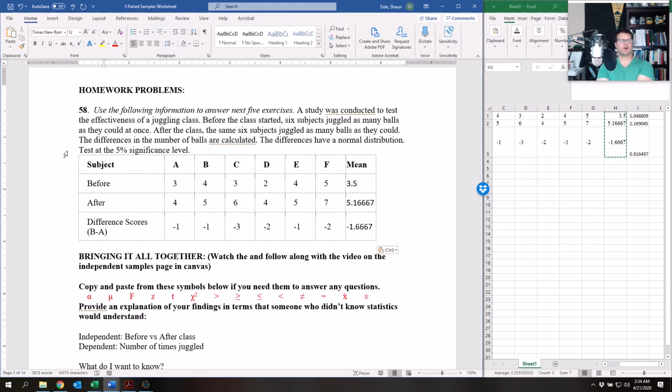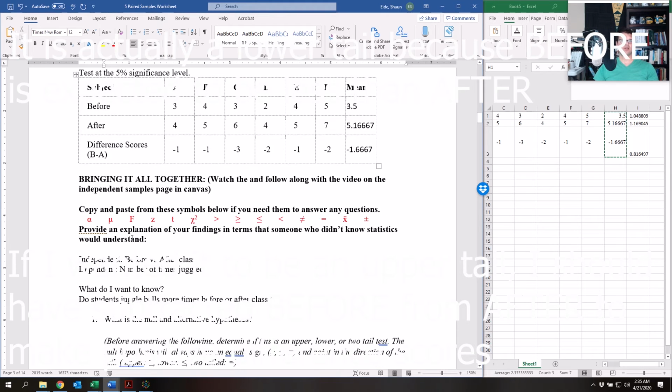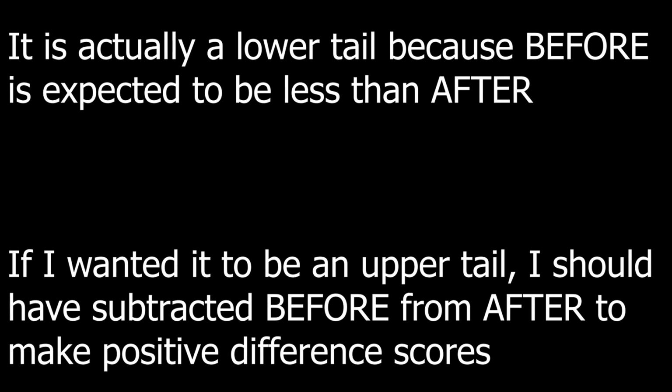What is this? So I would say that this is an upper tail test, and the reason why is it says the effectiveness of a juggling class. I think they're saying, hey, we think that it is going to be effective, so therefore if it's effective they should be able to juggle more. So I'm going to say that this is an upper tail.